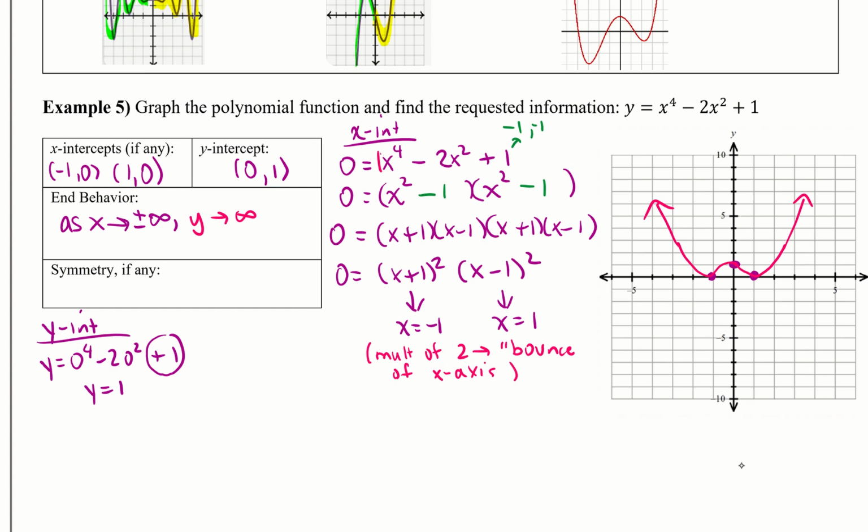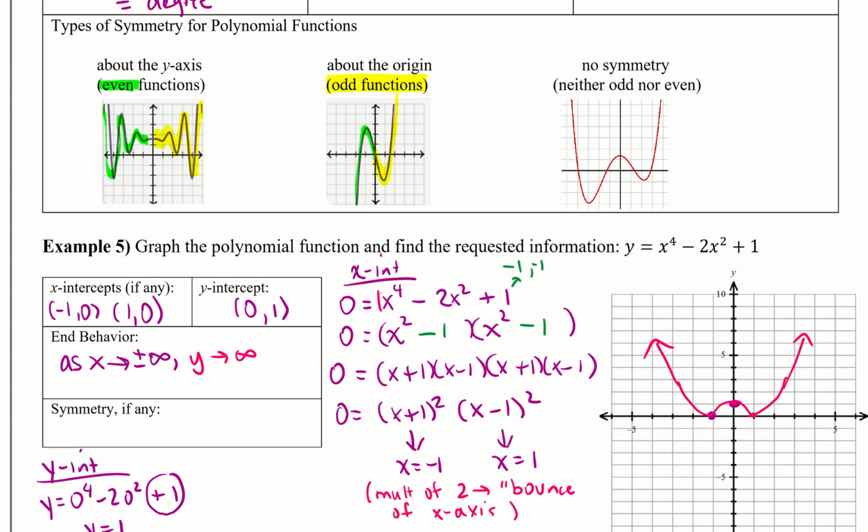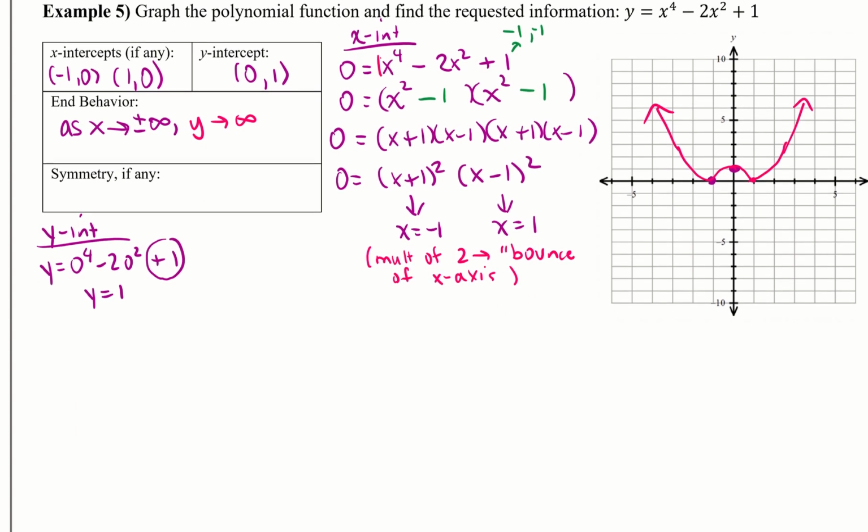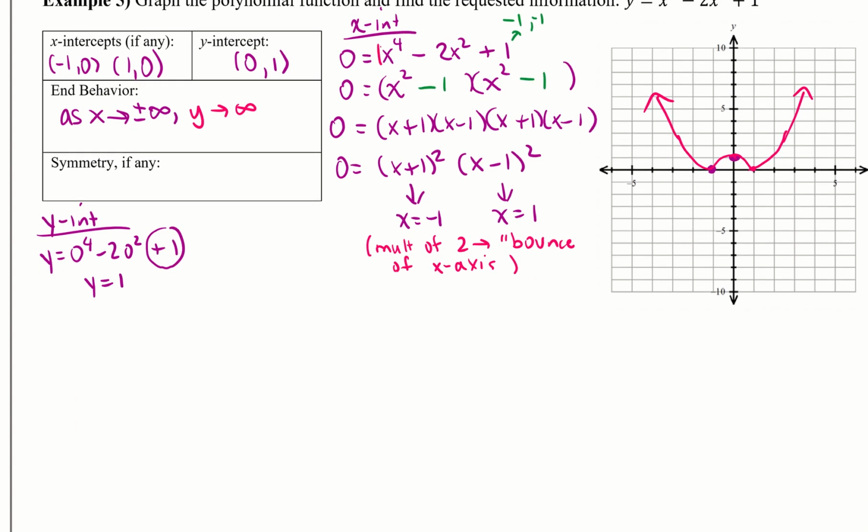This appears to have some symmetry. It looks to me like maybe this has symmetry around the y-axis. Maybe this is an even function. To determine that, I'm going to replace x with a negative x and simplify this.